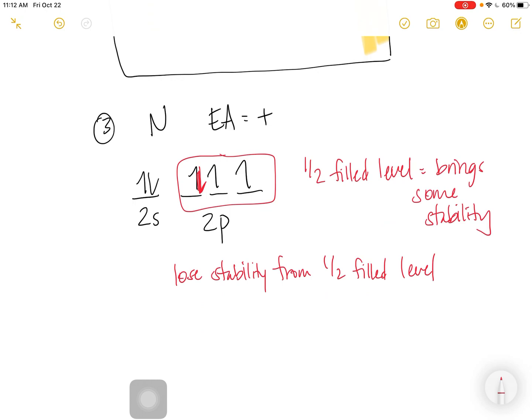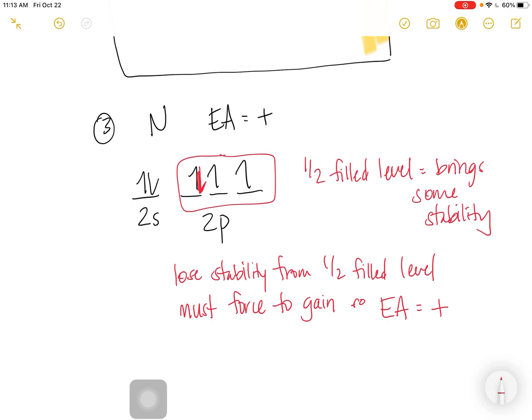It's not an energy releasing situation, and opposite of that, you would have to force nitrogen to gain the electron. So your electron affinity would be positive. So again, what we're thinking about a little bit is that electron affinities are going to be negative for the ones who release energy and will naturally gain an electron kind of on their own.